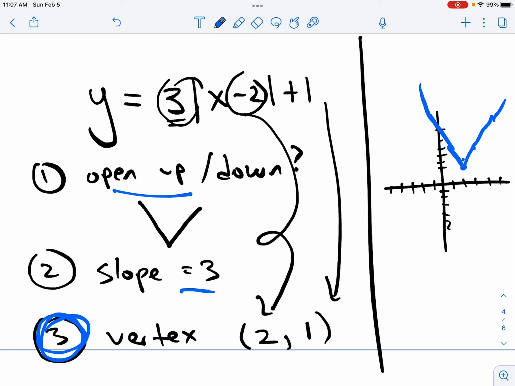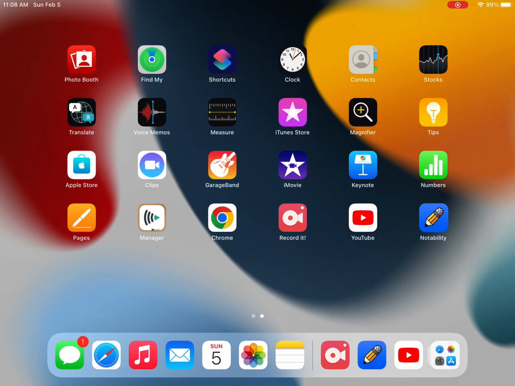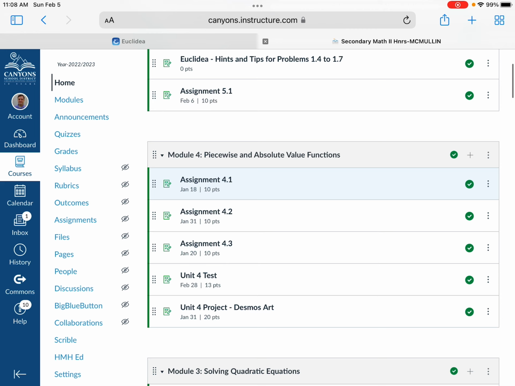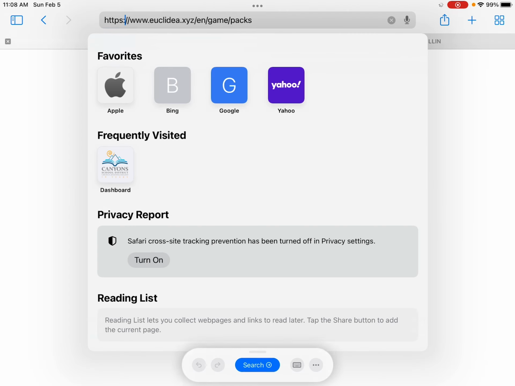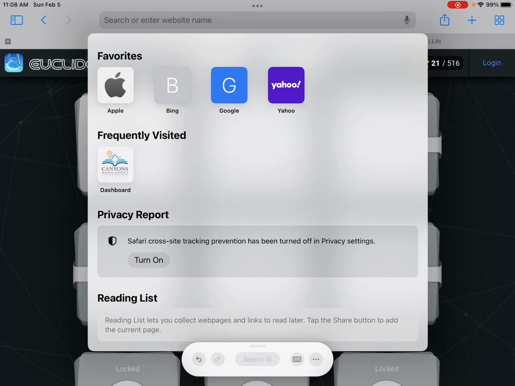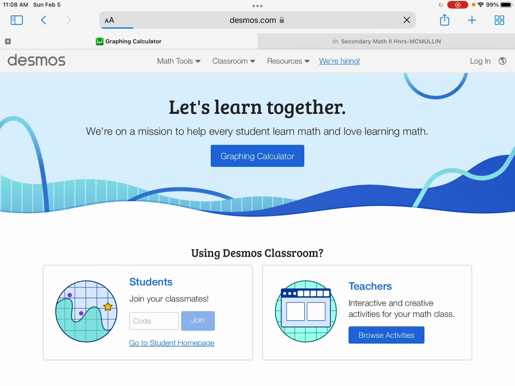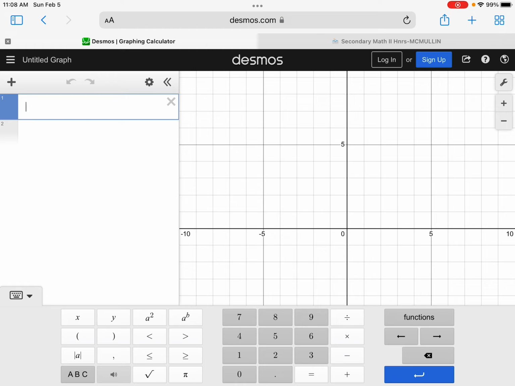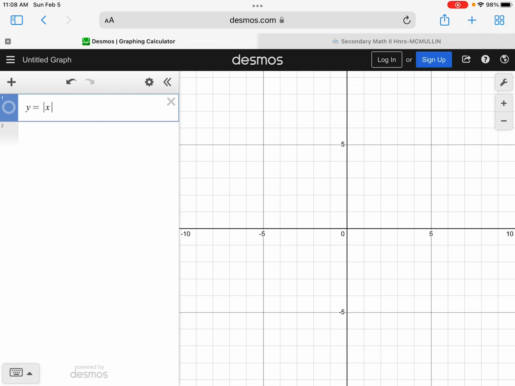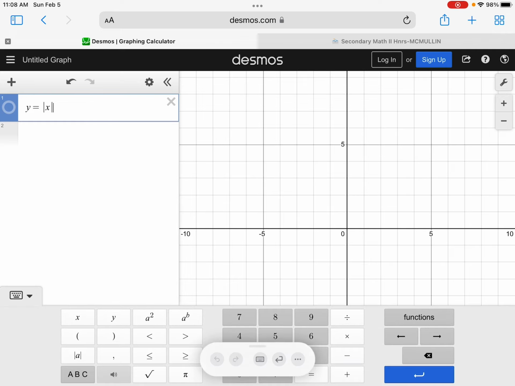Okay. Let's do one on Desmos here, and just practice on Desmos. So let's go ahead and write y equals the absolute value of x, and we're going to hide the image here for a sec.